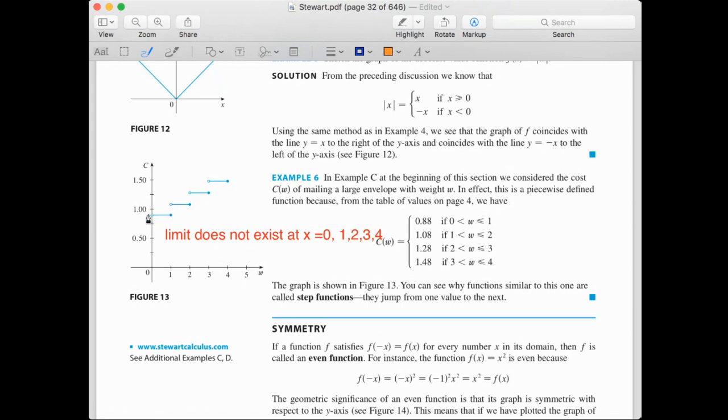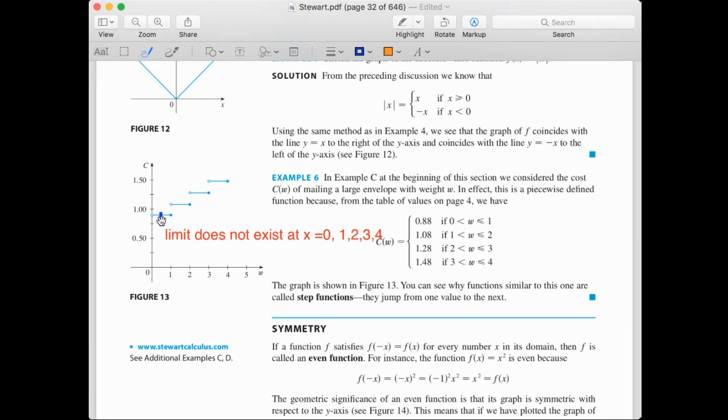Because we do not have matching left and right limits. When the limit exists, that means the left limit and the right limit agree. Take a point of 0.5. The left limit goes to this value, maybe 0.85. From the left it goes to the value, from the right it also goes to the same value. So the limit exists, and also the limit equals the function value.